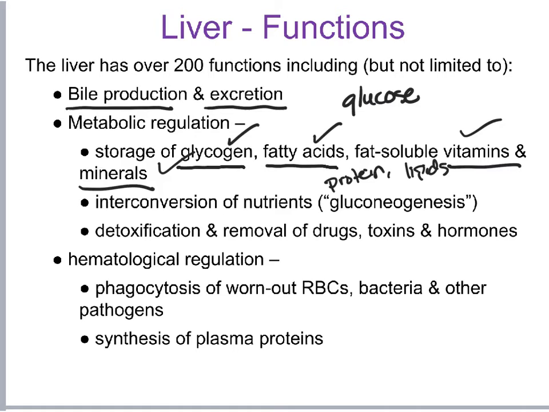Recall from your Gen Bio classes that glucose is the preferred form of energy for mitochondria in your cells. So if there isn't enough glucose present, the liver has the ability to make glucose from proteins and lipids to ensure that your cells are constantly getting the nutrients that they need.